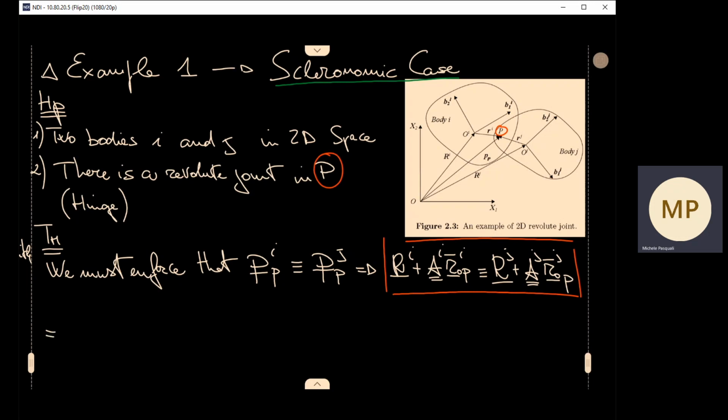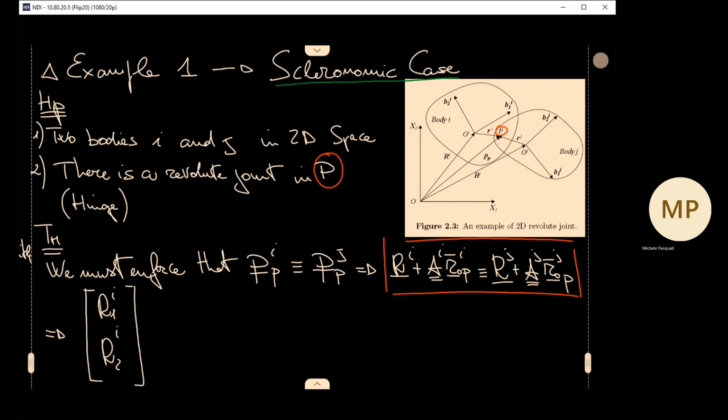So if we want to write it explicitly, what we have to write is R1, R2 of body I, and that's the very first part, plus, so what is the form of the rotation matrix in the 2D space? We have already seen it.